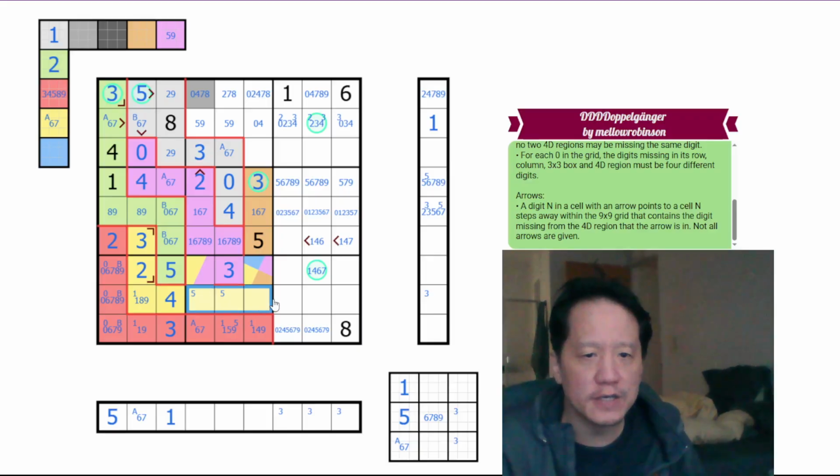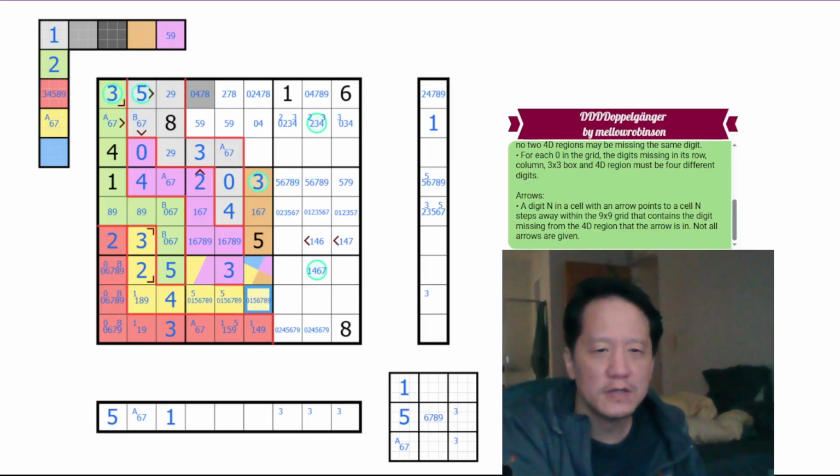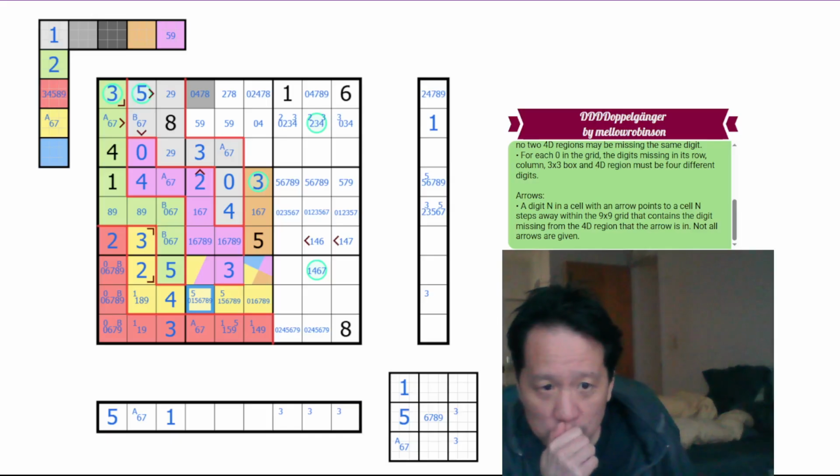Yellow can contain, again, 0, 1, 5, 6, 7, 8, 9. And this can't be 0. This can't be 5. Not too helpful.